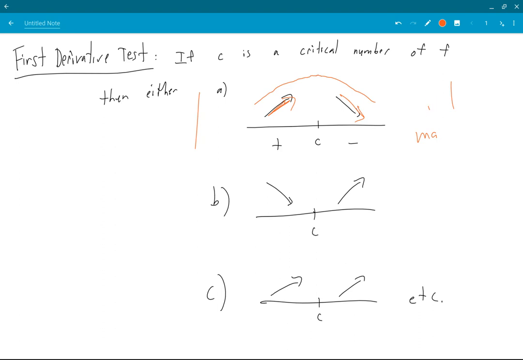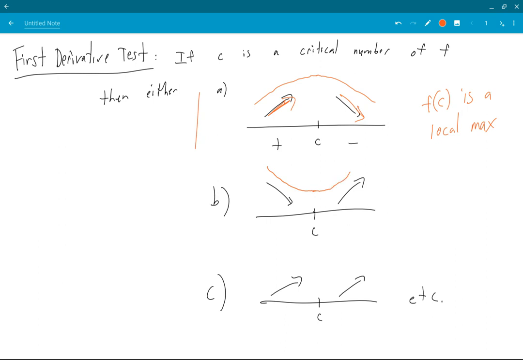Let's rewrite that. Let's say f of c is a local max.